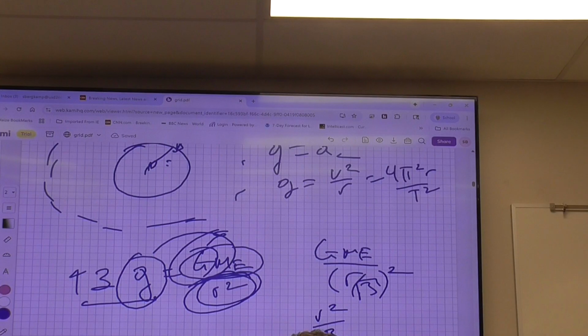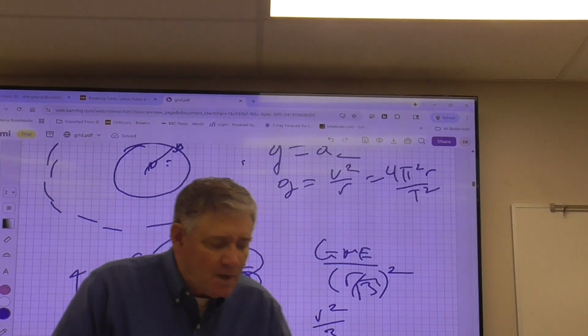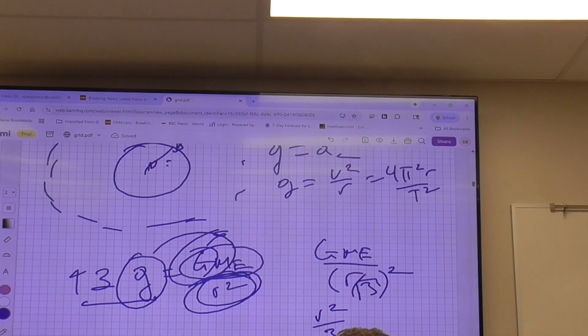Okay, so I'm going to give you those two parts to the review. One is just the centripetal motion part, and the other one is the gravity part. There's going to be this question on number 3 with the centripetal motion part, about a roller coaster going down an incline.